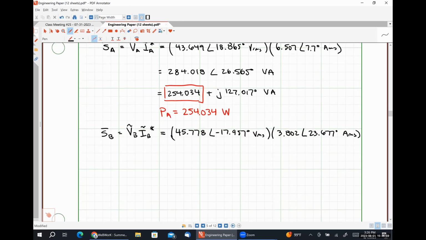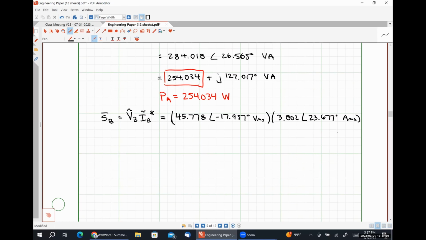I did. All right. Oh, but I need to conjugate this, so I put a negative sign here. I'm honestly just going to let my calculator take care of it, but some people like to do these by hand for whatever reason.